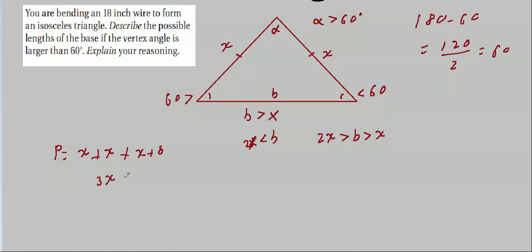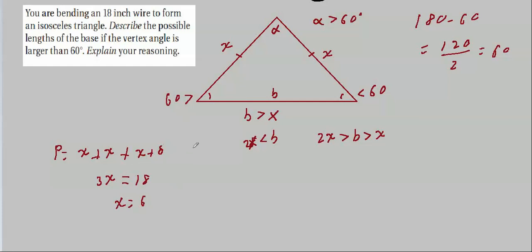Now, let's forget the delta for a minute, and suppose all the sides were equal, and that equaled 18. Then we would have that x equals 6. However, we do it this way if all the sides were equal, but they're not.